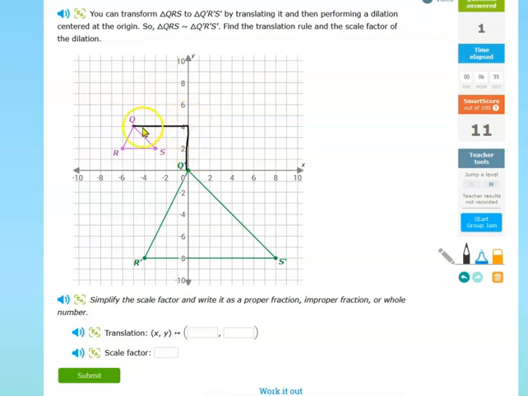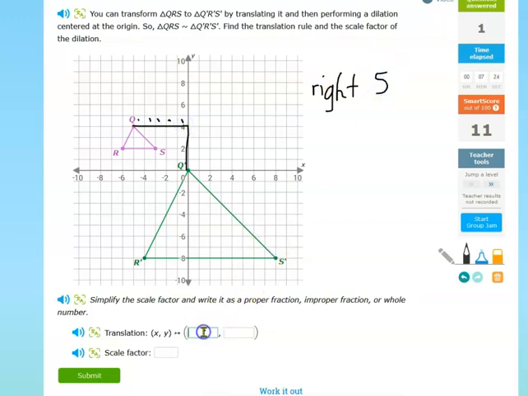Okay, so to get from Q over to the grid line, we went to the right. Let's see, we'll write that out here. How far to the right did we go? We went 1, 2, 3, 4, 5 to the right.